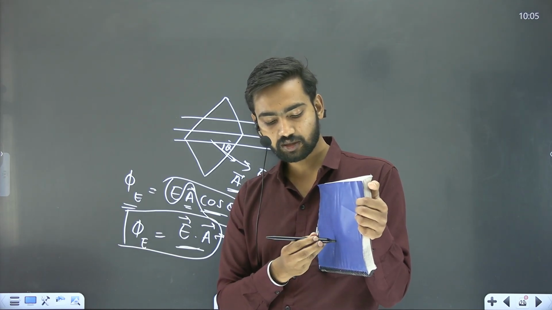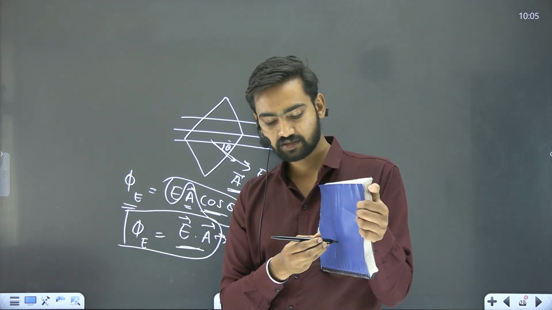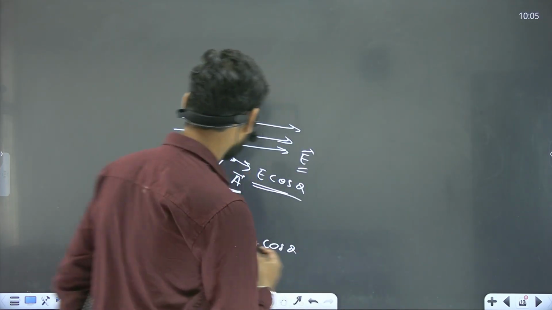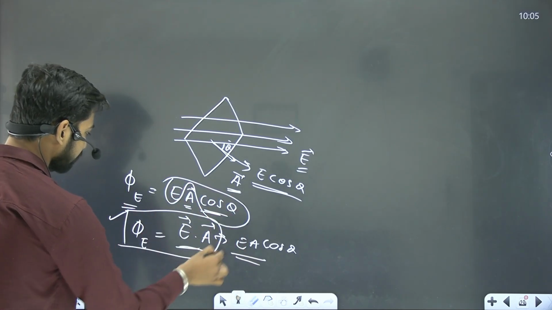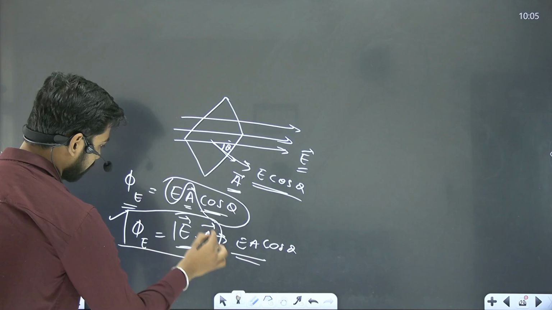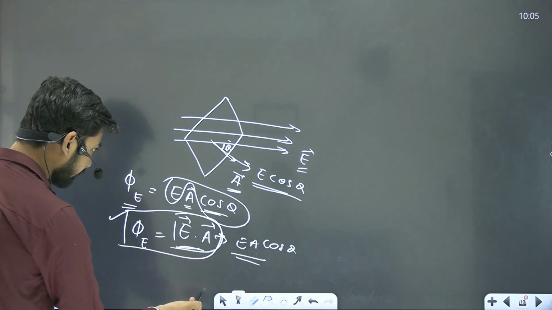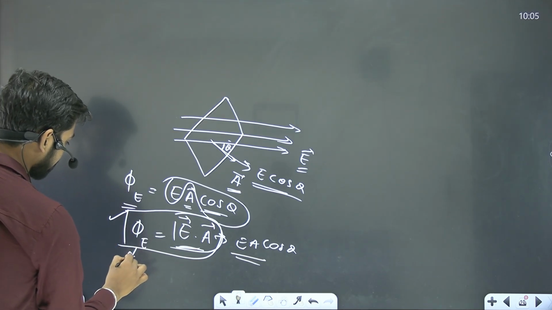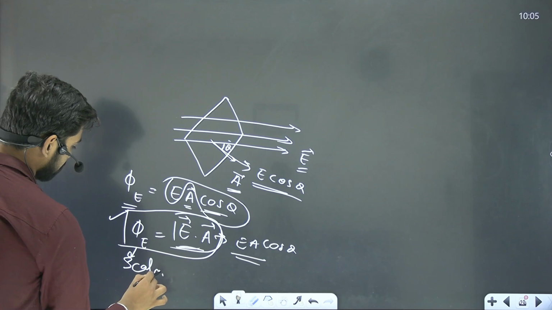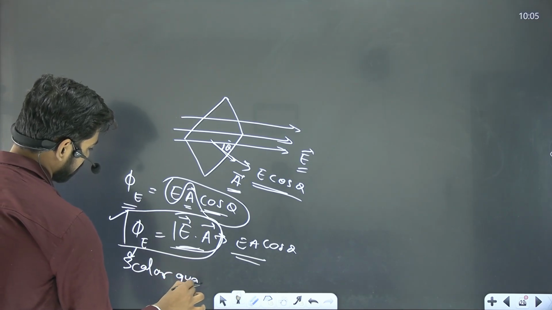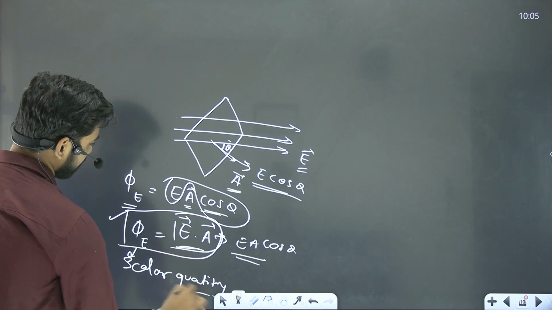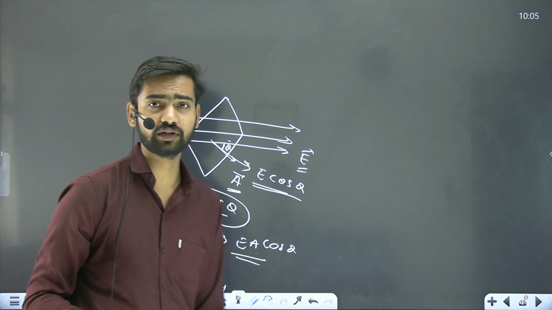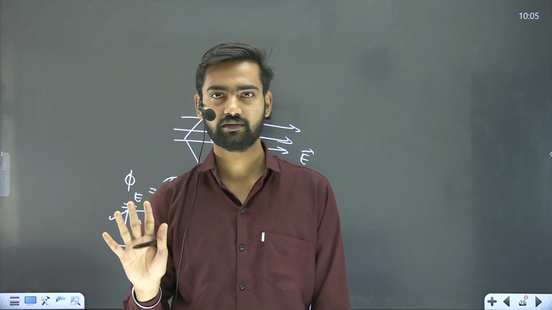We have to take the normal component of the electric field, which is E cos theta. Then electric flux will be E cos theta into A, which is E dot A. And it's a scalar quantity. The dot product also is a scalar quantity. This is known as your electric flux. That's it.